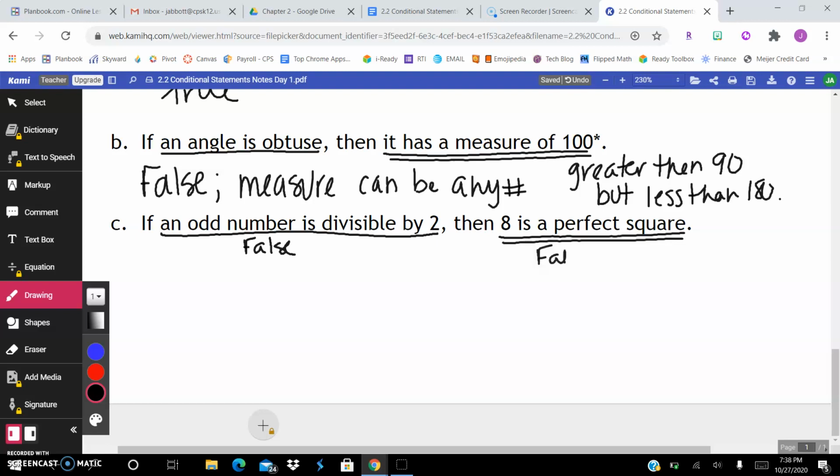So that's false too. This one's kind of different, because if the hypothesis is false, the conditional statement, so this whole statement, is considered to be true regardless of the truth value of the conclusion. So if that if statement is false, then our whole statement is going to be true.